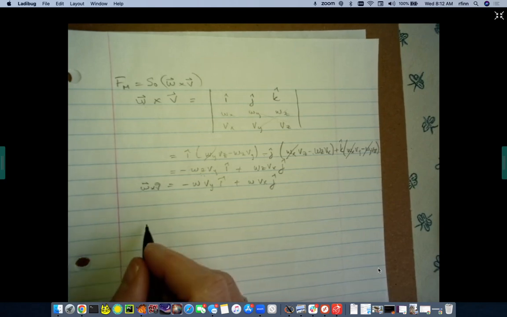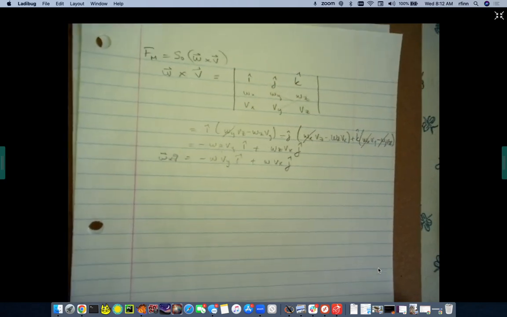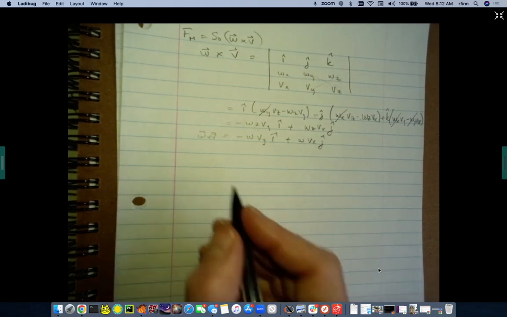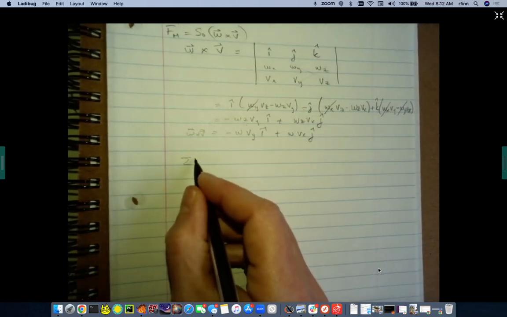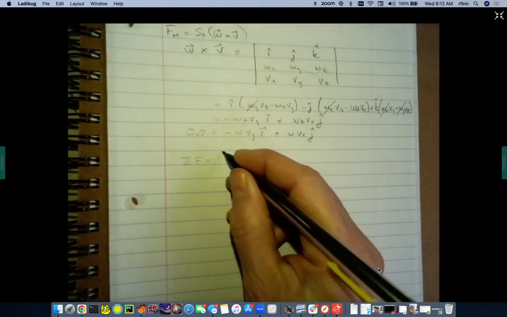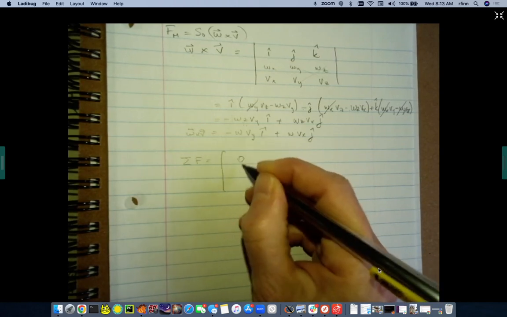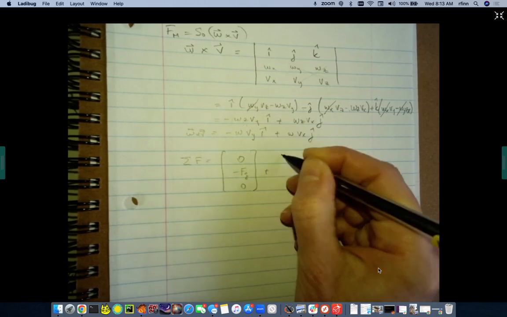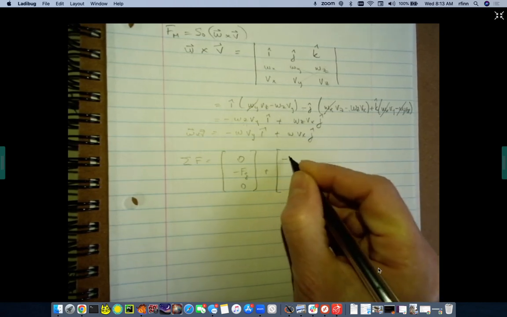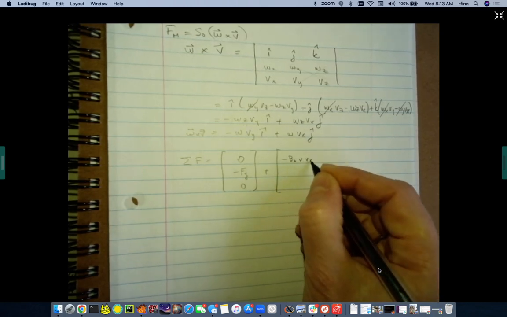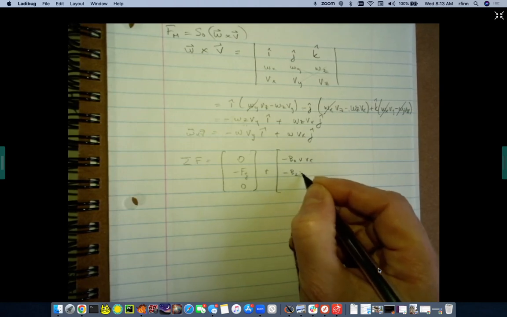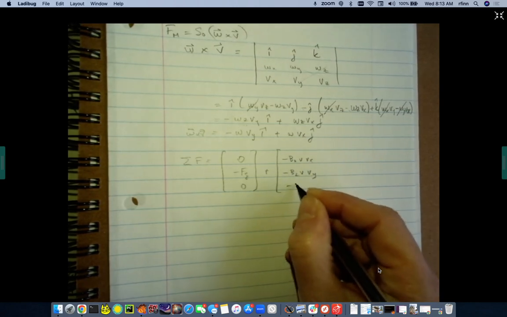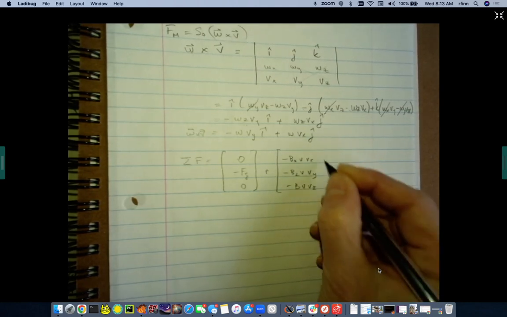So if we go back to our summing the forces, we have 0, 0, minus Fg for gravity. We have our drag, B2 V Vx, B2 V Vy, B2 V Vz.